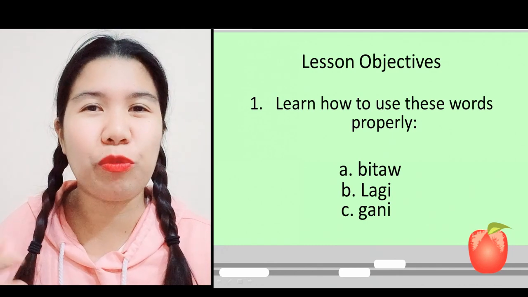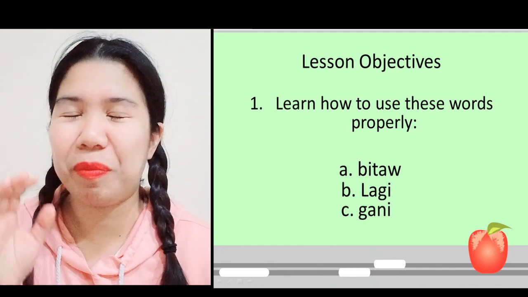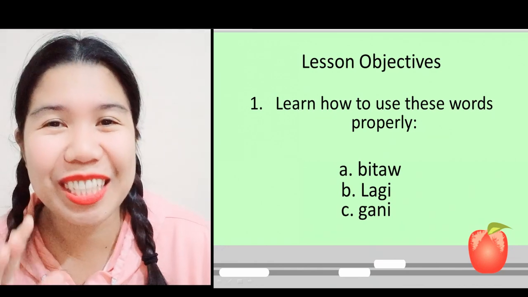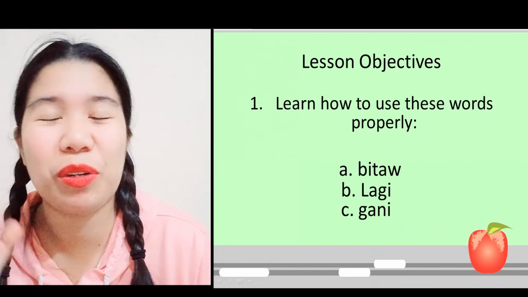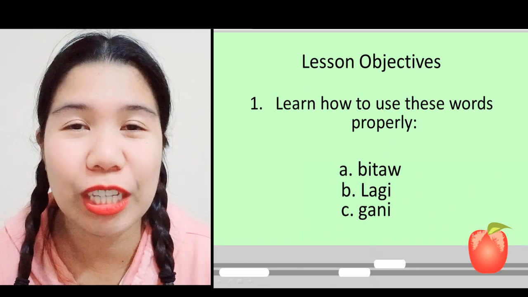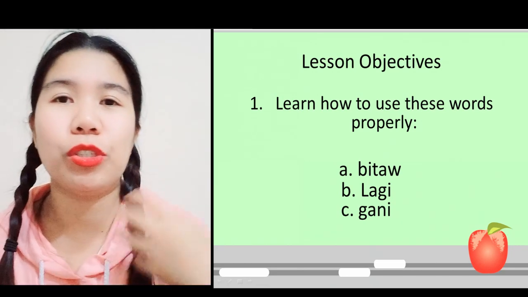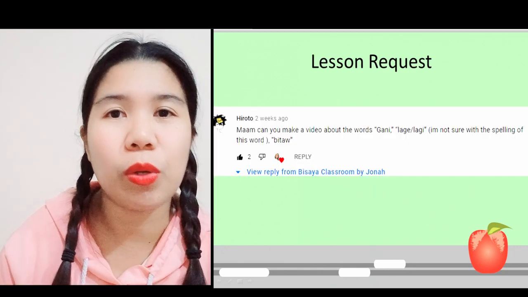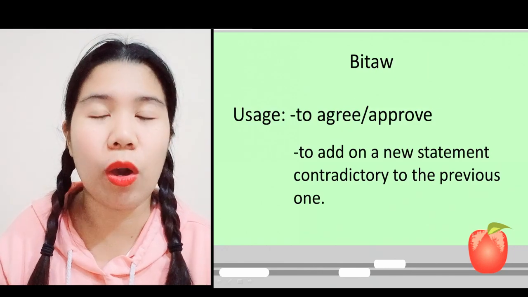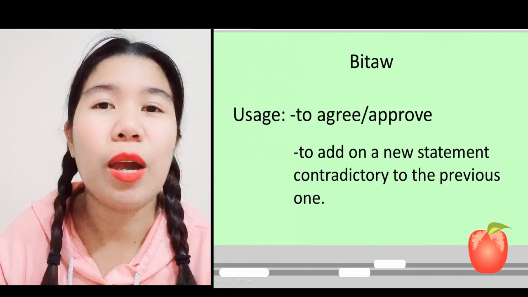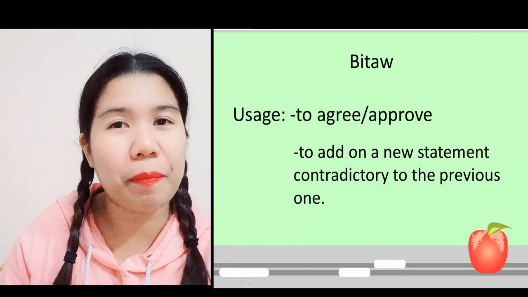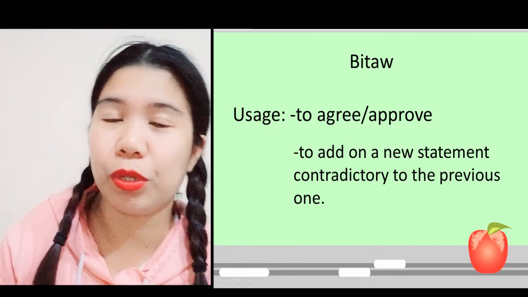It's really difficult to find that exact English translation. So, instead of giving you the translation, I will just give you the situations, the usage. When are you going to use these words? When are you going to add them to your sentences or statements?